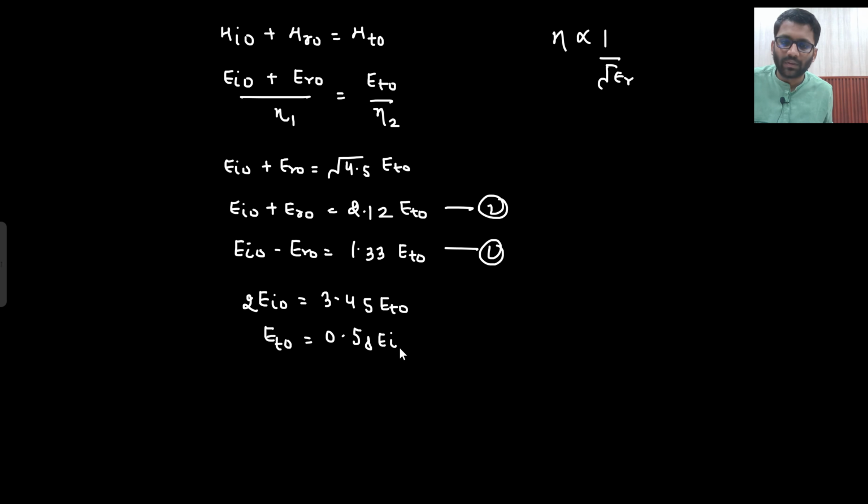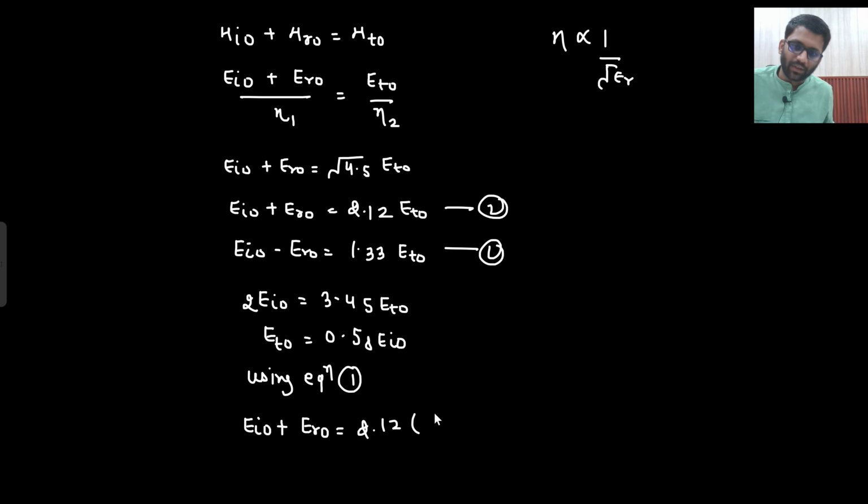Then I can put this value in equation 1. So EIO plus ERO is equal to 2.12 into 0.58 EIO. So what will that give me?